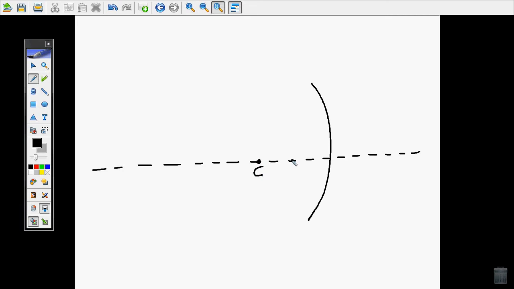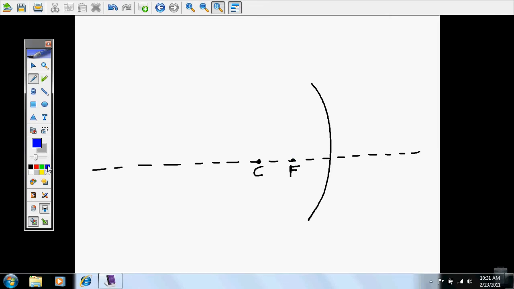Right in between the two is the focal point. And this time the object is just beyond the center of curvature.